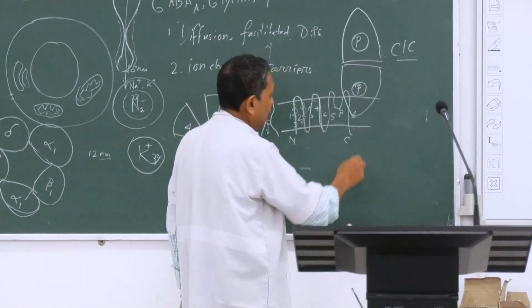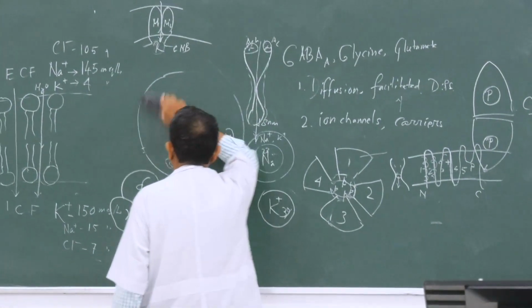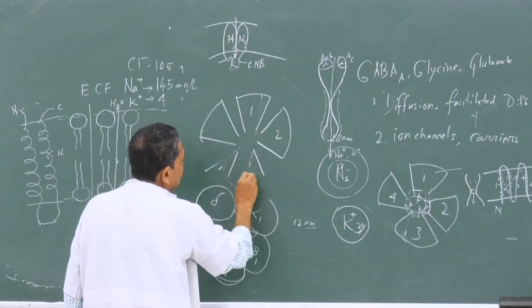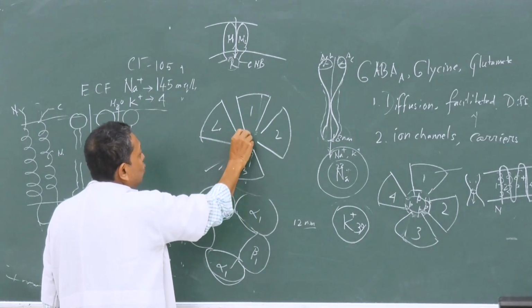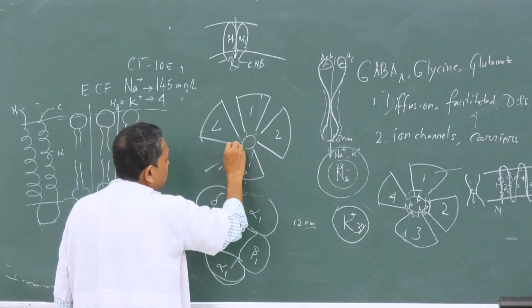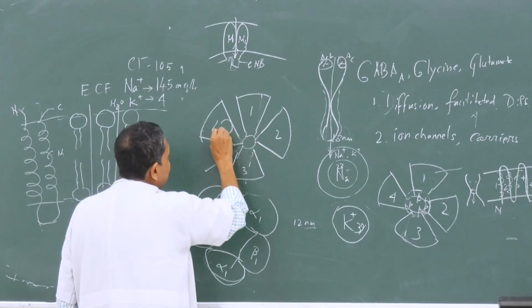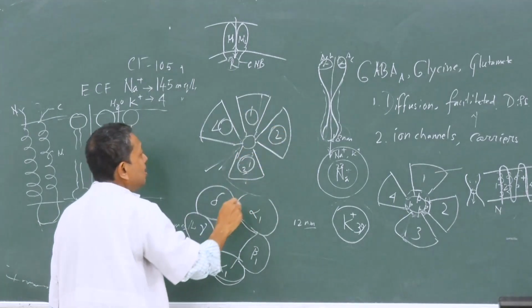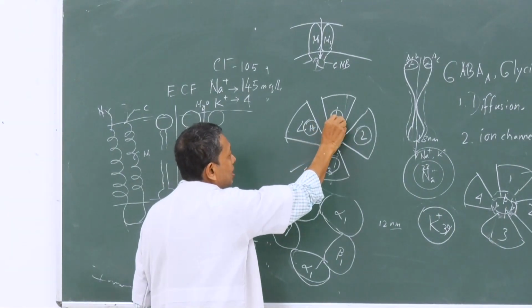In the renal tubules they are present, and elsewhere there are aquaporins too. All 4 come together and have pores within, through which water can easily enter.